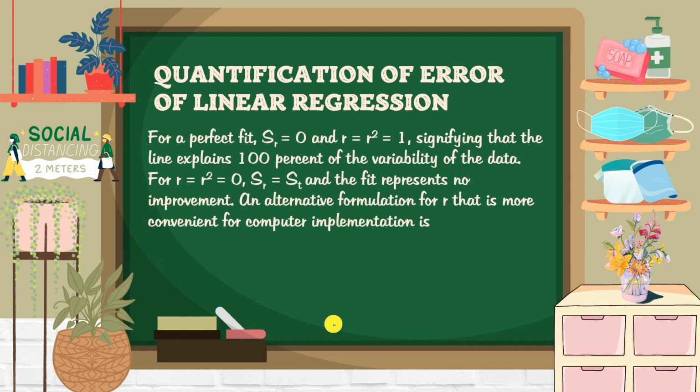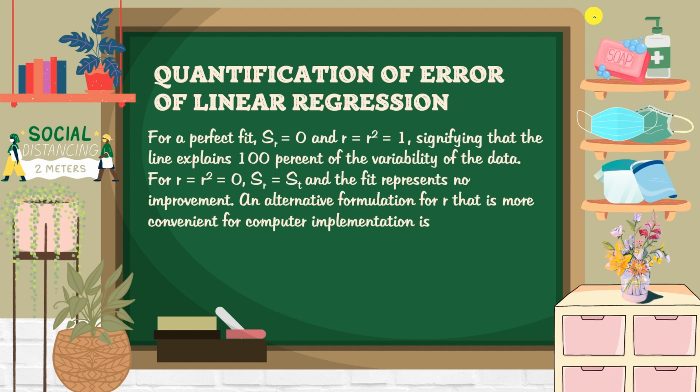For a perfect fit, S sub r equals 0 and r equals r squared equals 1, signifying that the line explains 100% of the variability of the data. For r equals r squared equals 0, S sub r equals S sub t and the fit represents no improvement.